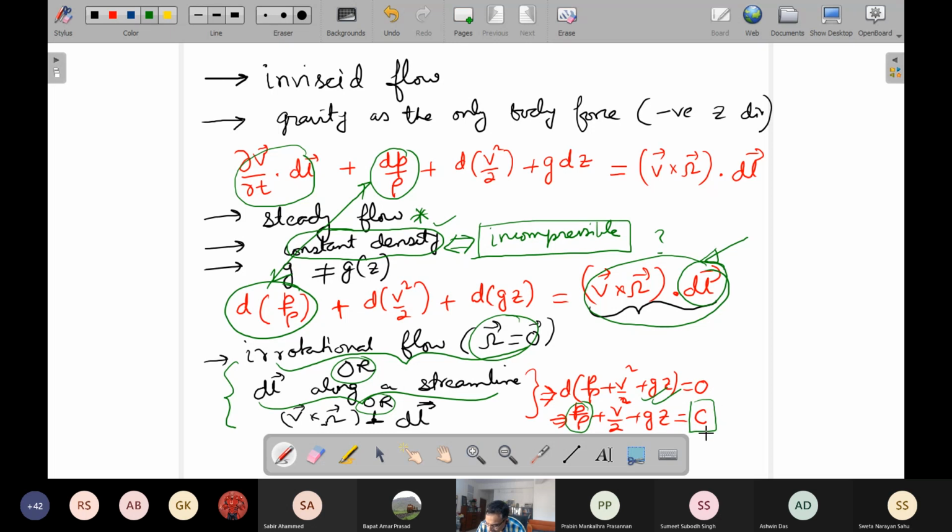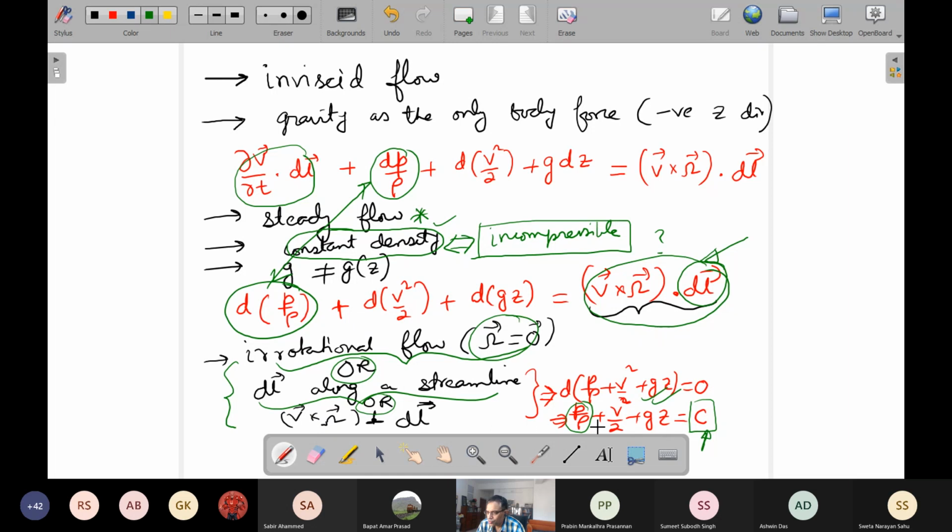That means that this constant will be a particular value only with reference to a streamline. That means that you can apply this equation, that is P by rho plus V square by 2 plus GZ equal to constant, with a particular constant only along a particular streamline. Along a different streamline, the constant will be different.